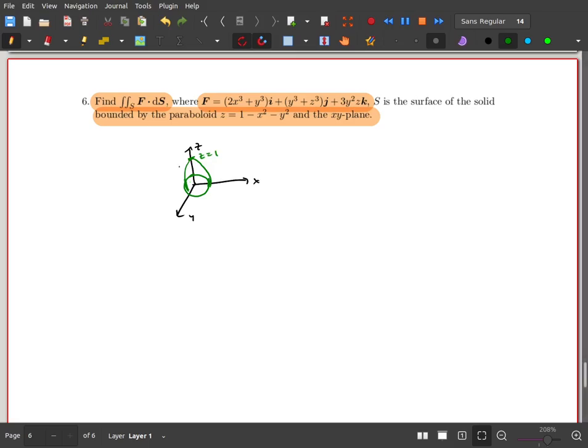And then if you look down from the top, you'll see a circle of radius 1, because x squared plus y squared will give us a circle. And when z is equal to 0, x squared plus y squared will be equal to 1.